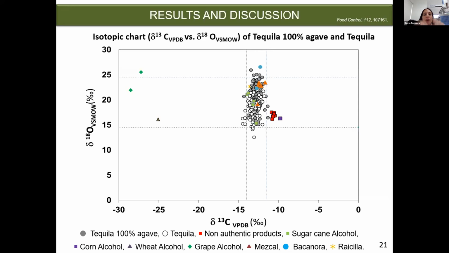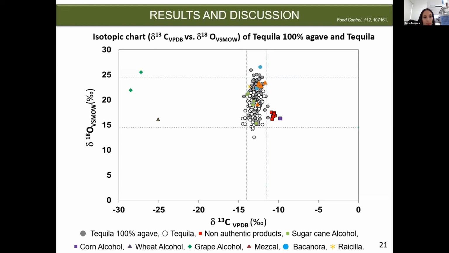After that, we evaluated the specificity in 28 samples of alcoholic products from carbon sources other than Agave tequilana Weber blue variety. We found 13 true negatives and 15 false positives, indicating a specificity of 46%.